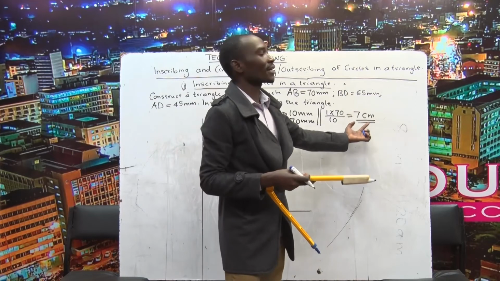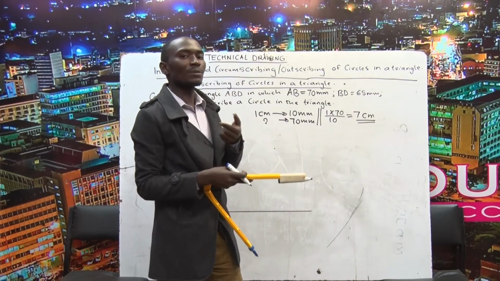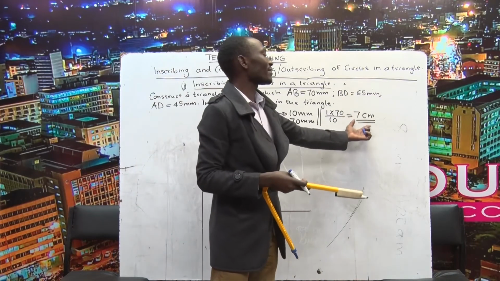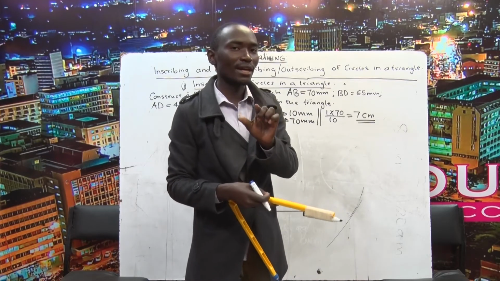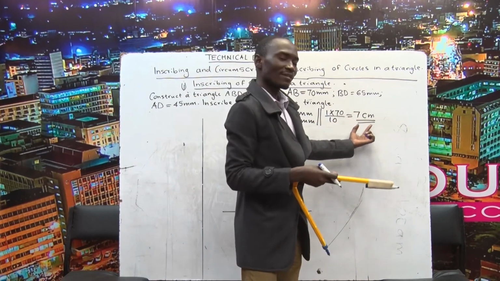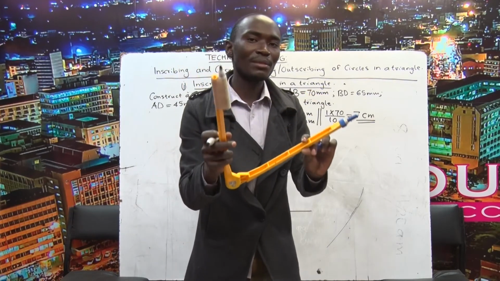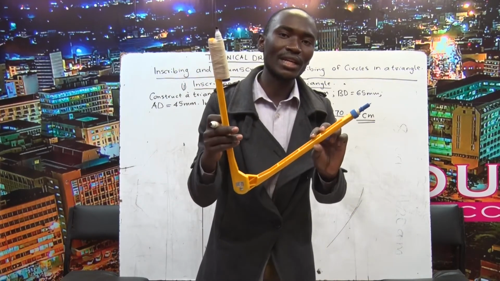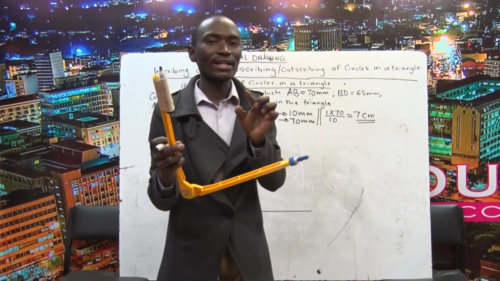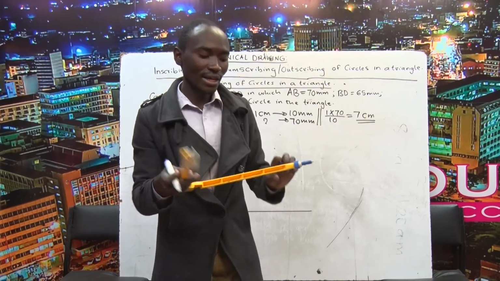To convert back to millimeters, you just multiply by 10: 7 centimeters multiplied by 10 gives 70 millimeters.